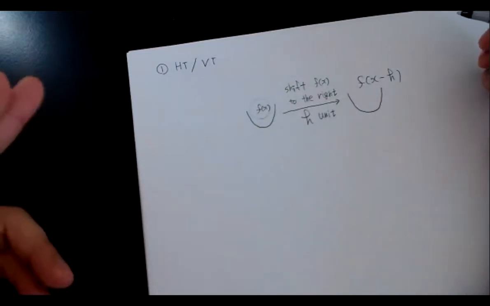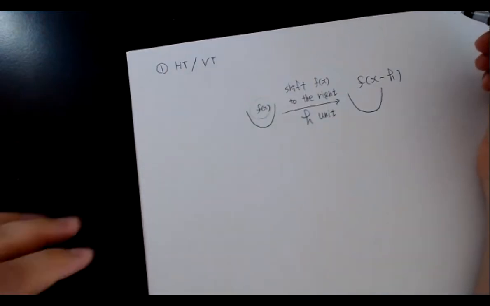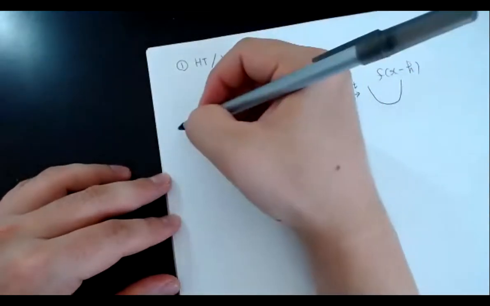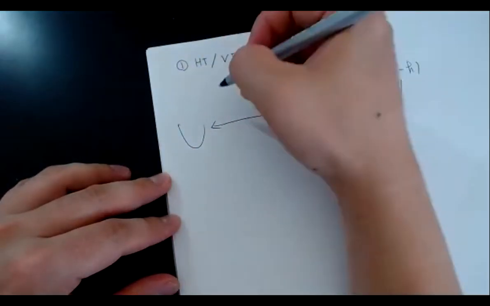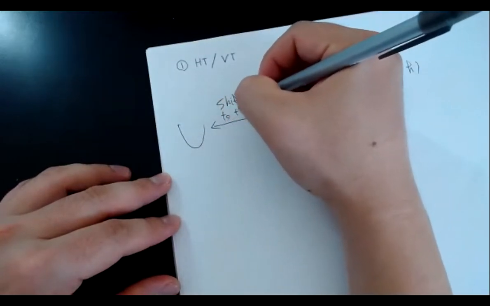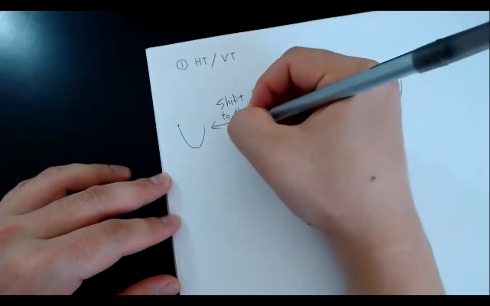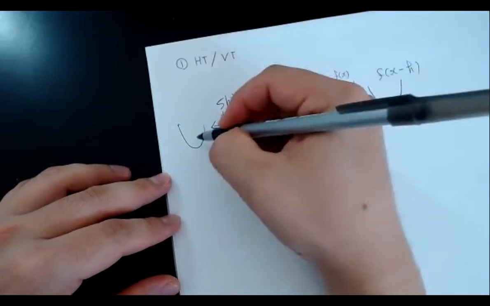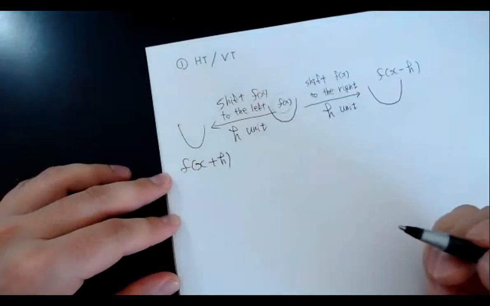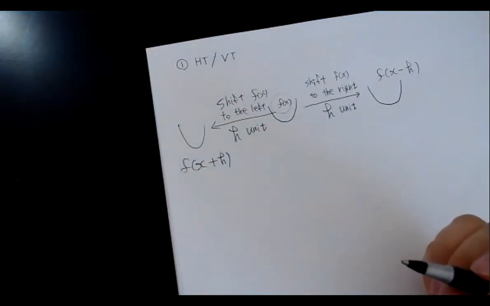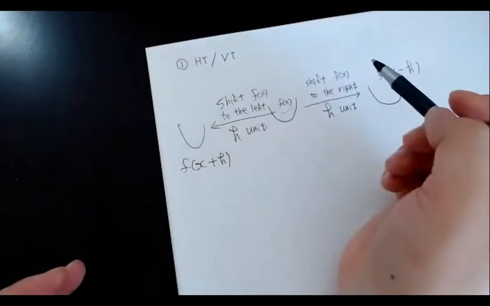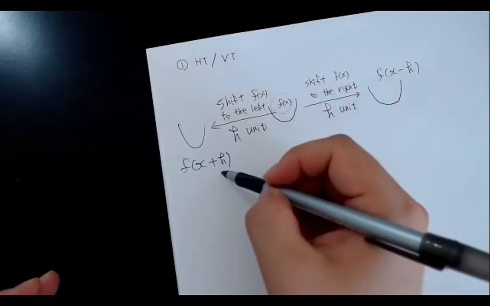It means replacing x by x minus h. Now what if we shift the graph of f of x to the left h units? Then we get f of x plus h. So the function of this graph can be obtained by replacing x by x plus h.